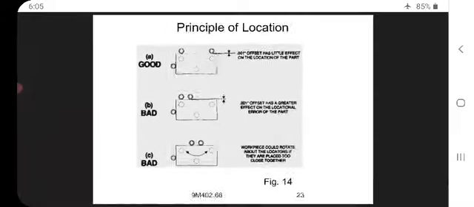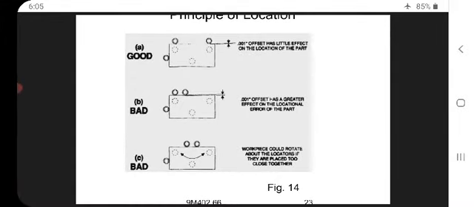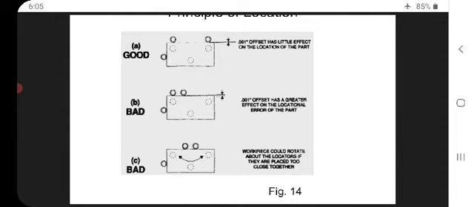So, see in the figure, offset has little effect on the location of the part. A, that is a good one. Why? The locators are placed away from one another. The second is bad. Why?